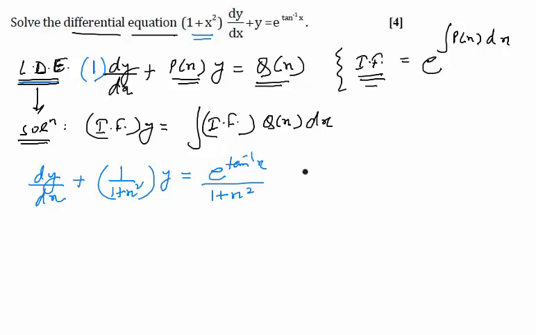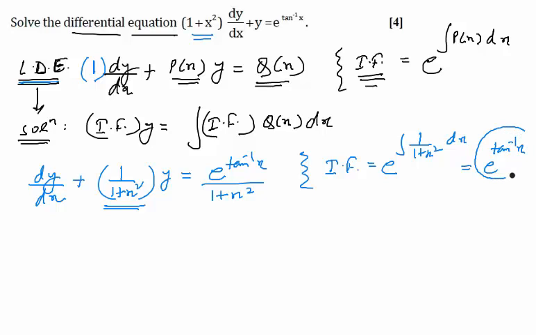So looking at this, I can again find my integrating factor. Integrating factor is e to the power integral px dx. In our case, px is 1 upon 1 plus x square dx, right? Now we already know that 1 upon 1 plus x square integral is tan inverse x.